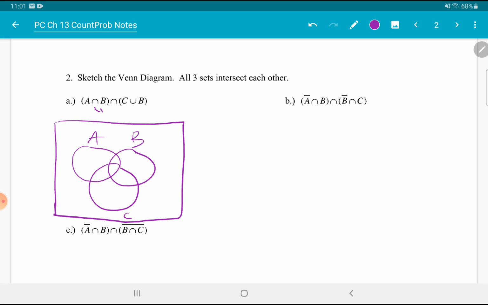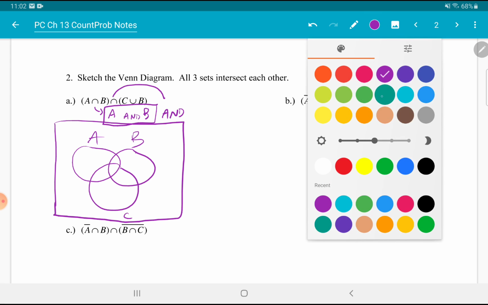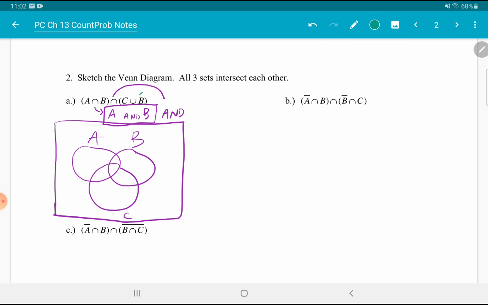In this case, what we want is A and B. That's one part. And what we want to find is the intersection, or and, the intersection of, and then this part is saying C or B. So we want to find those two things.